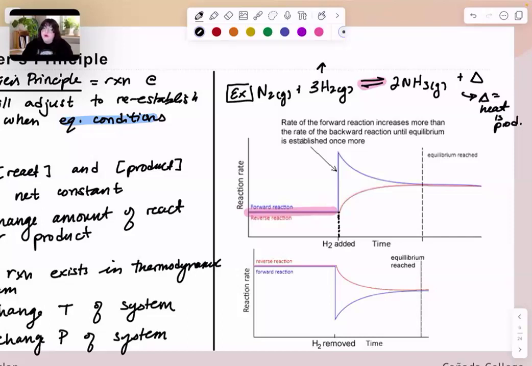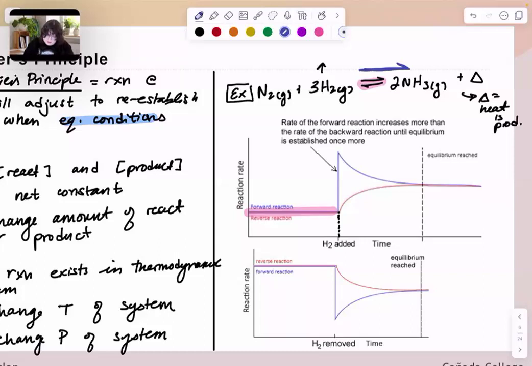In order to reestablish equilibrium, or the state at which the production of ammonia and reproduction of nitrogen and hydrogen have equivalent rates, we're going to see a spike, a really rapid increase in the rate of the forward reaction, because we want to get rid of that excess hydrogen that we added.